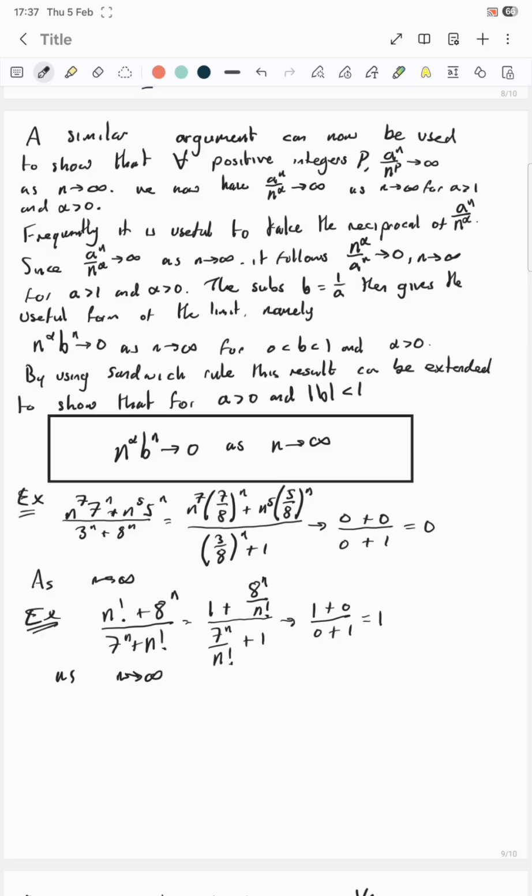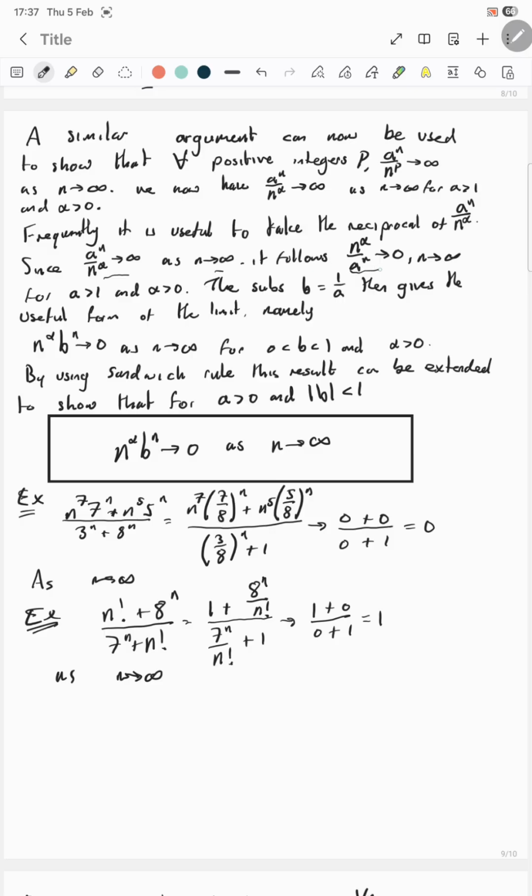We now have a to the n over n to the alpha goes to infinity as n goes to infinity, for a greater than 1 and for alpha greater than 0. Now, frequently it is useful to take the reciprocal, since a to the n over n to the alpha goes to infinity as n goes to infinity.